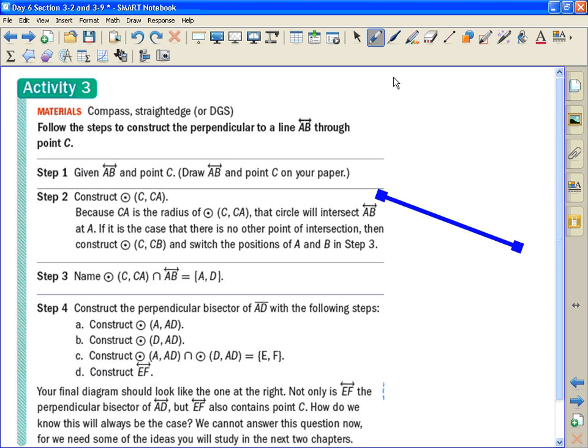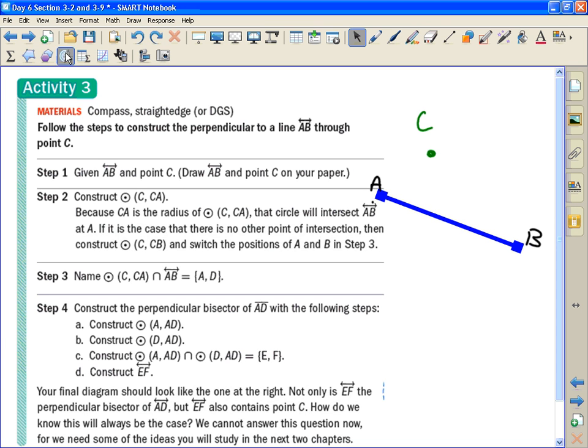I'm going to draw a line here, label my 2 points A and B. I then want to make a point C. I'm going to make mine a little bit above. So you should draw an image on your paper exactly like you see on the board: segment AB with a point C.